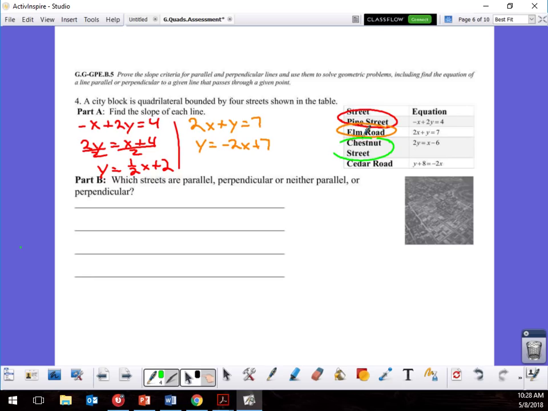This one is going to be 2y equals x minus 6. To get y by itself, I'm going to divide both sides by 2. So y equals 1/2 x minus 3.